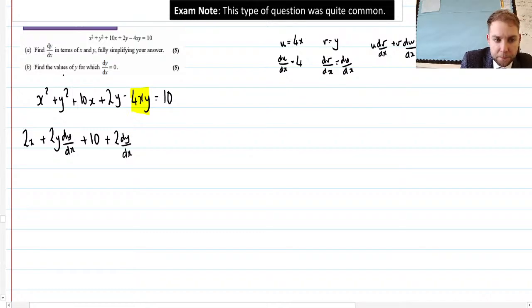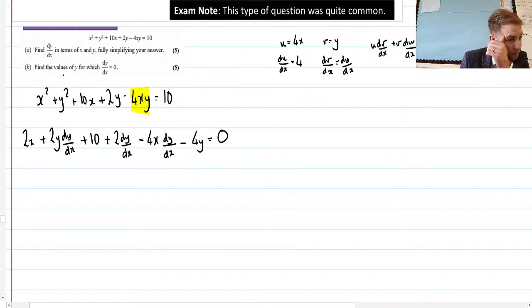Differentiate this highlighted part, which I've already done on the right, which is going to be minus 4x dy by dx, minus, because it's minus minus, is minus 4y.